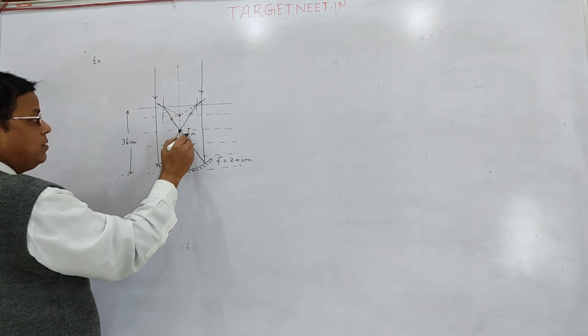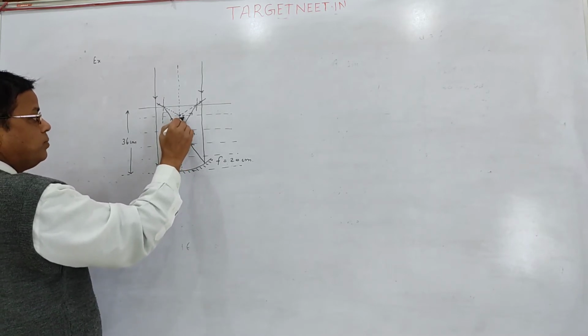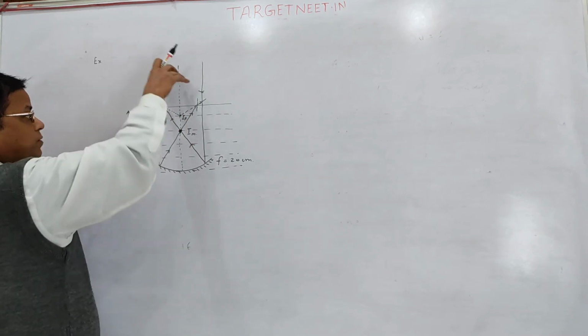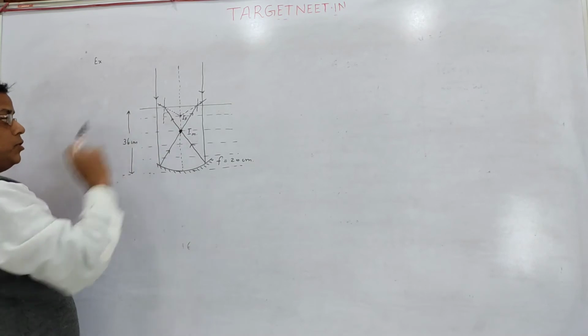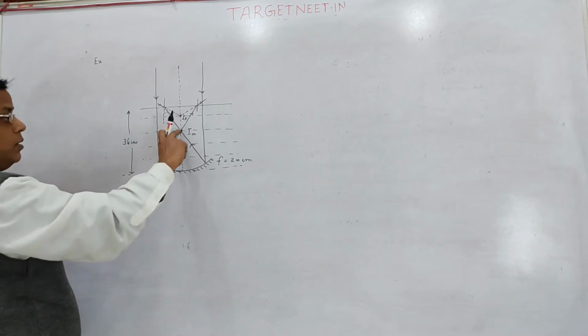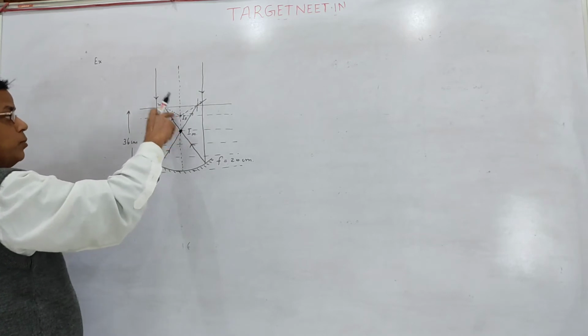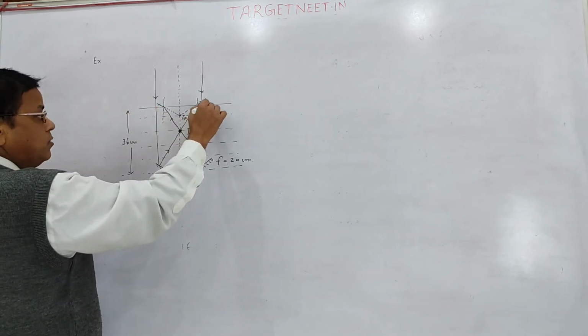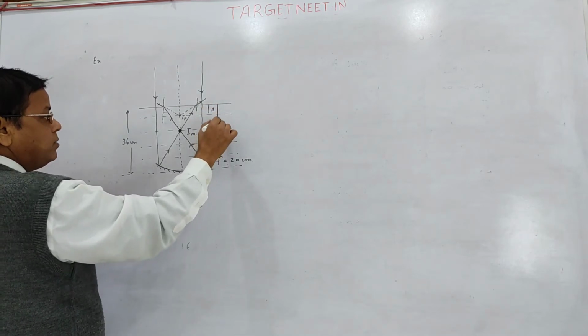So the image of this will be formed here. This is the final image. If the observer is in air, they are going to see this image, not this image, because rays from here appear to be coming from here. So this distance will be the apparent height and this is the real height.